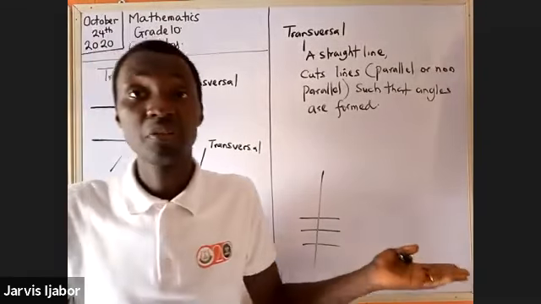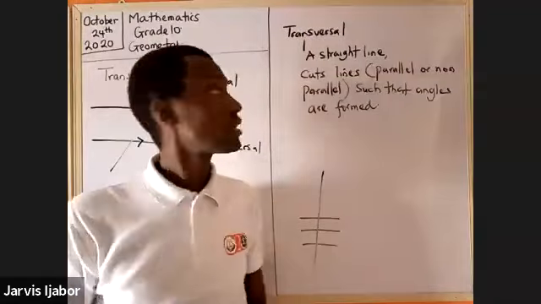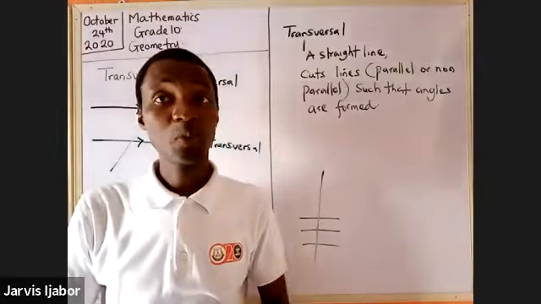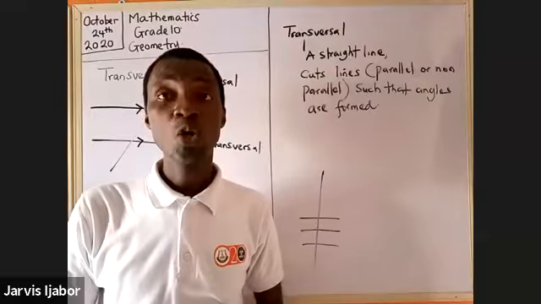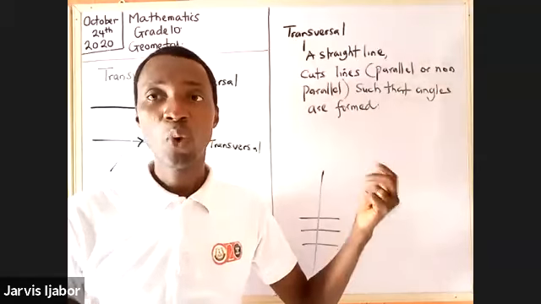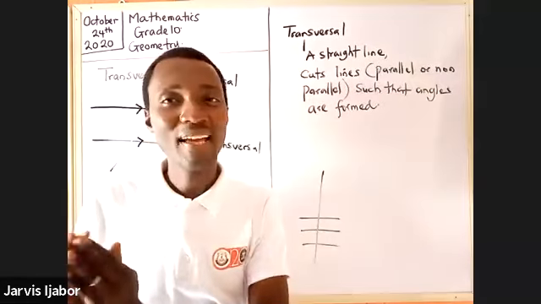That's essentially what a transversal is. It will cut lines such that angles are formed. That's what it's doing. So you're going to appreciate what a transversal does when we consider parallel lines.